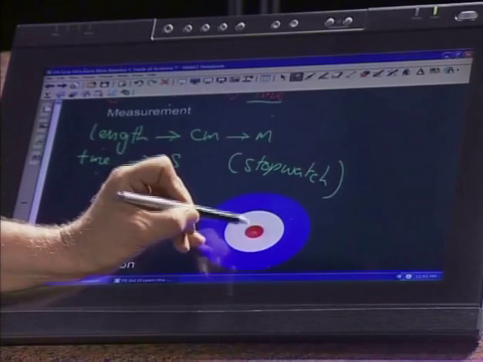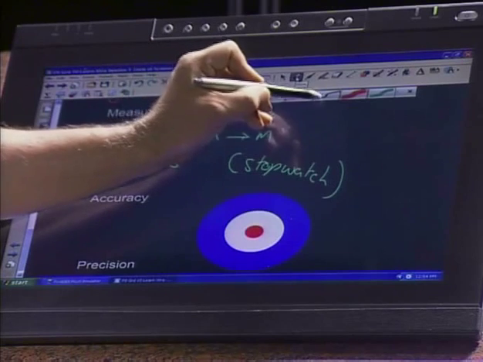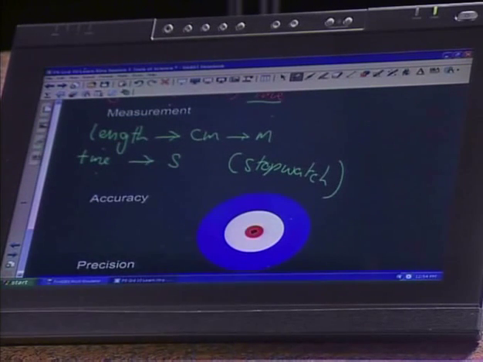What do we mean by accurately? Here's an illustration of two important words that scientists often use. Let's think of a target, and the bullseye is the real answer. The bullseye right in the middle, that's what the real answer really is.